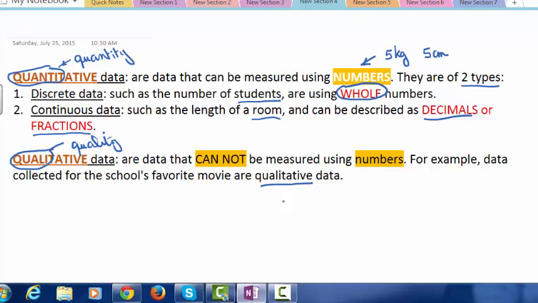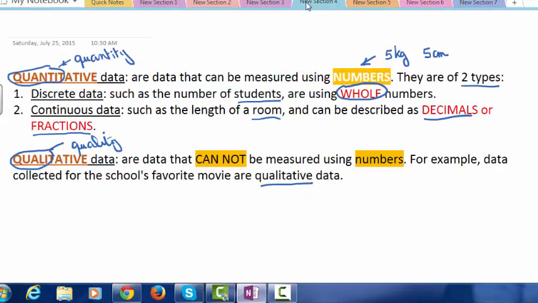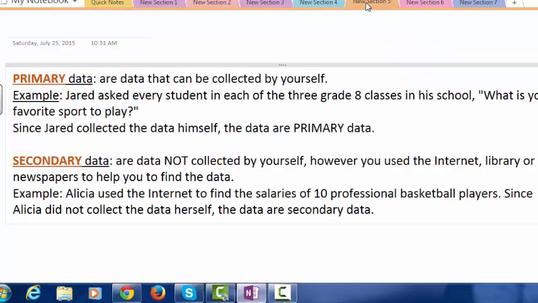So I hope you now understood the difference between census and sample data or survey, the difference between biased or valid survey, and the difference between quantitative or qualitative data. Now, the last definition, which you already got in grade 7, is primary data or secondary data. Very simple.